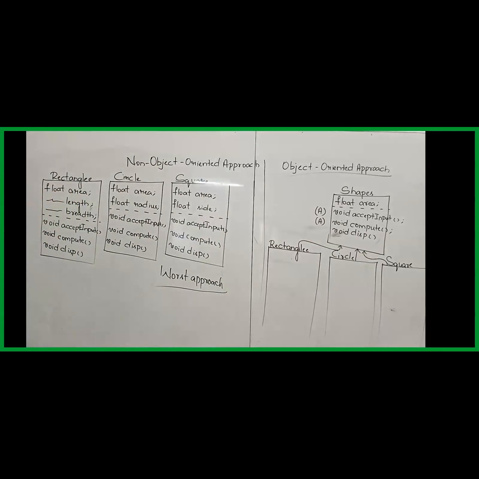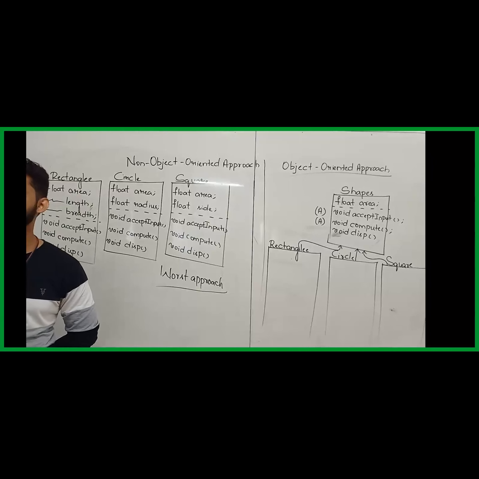Inside the display method of rectangle, square, and circle, in all the three, the display method has the same body. What is that body? Just System.out.println, and I just want to print area. Yes or no? Apart from that, have I written any other thing?